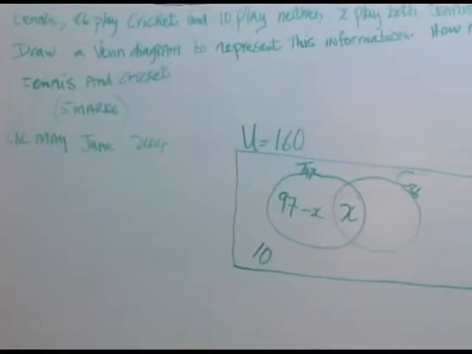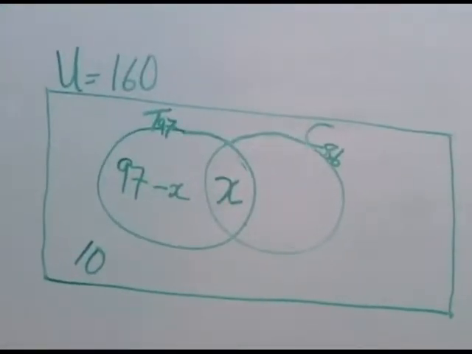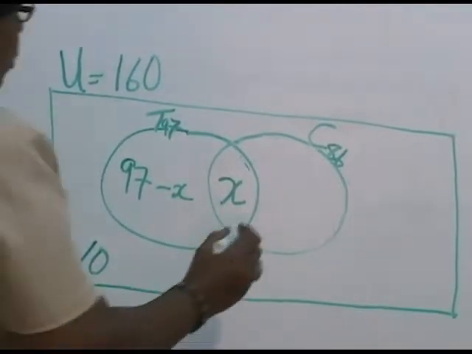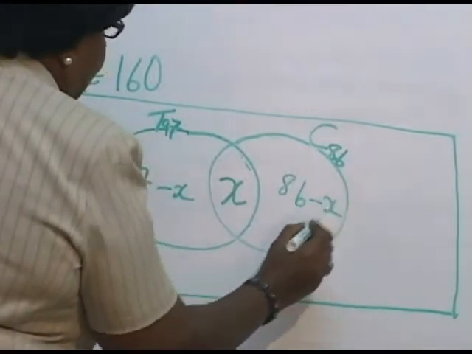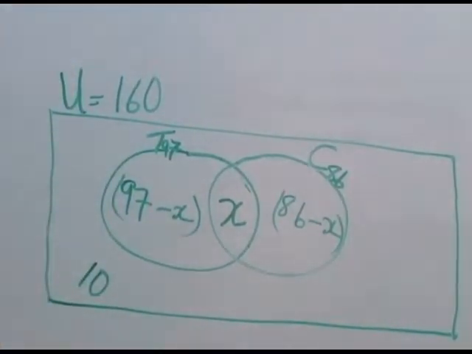So we can put it in and see what it's worth. Similarly, for C, we have only a part in that house where you have cricketers only, and this area would be 86 minus X. All right, so put them in a bracket to show that it represents one number.